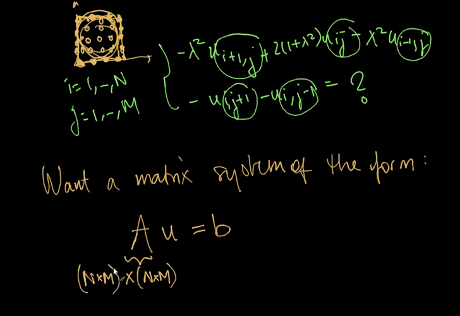So A will have nm rows and nm columns, and U will be nm long and have one column, and B also will be nm long and have one column.